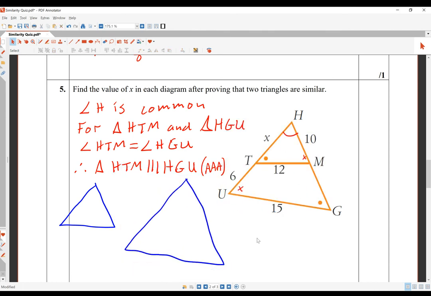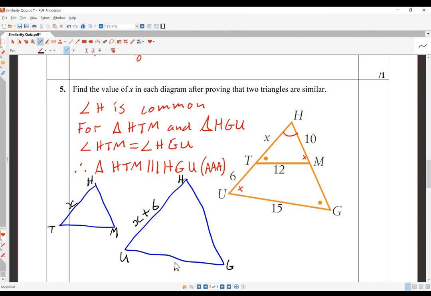Okay. Now we're going to label the vertices. So this is HTM, and this is H, U, G. Now, on the little triangle, this is X, and on the big triangle, this is X plus 6.